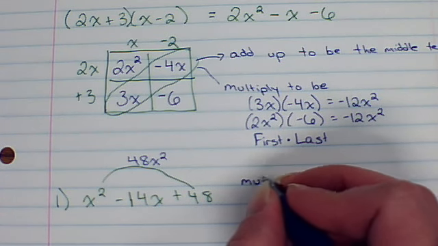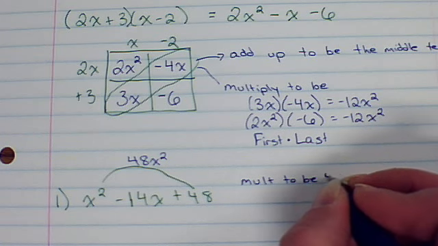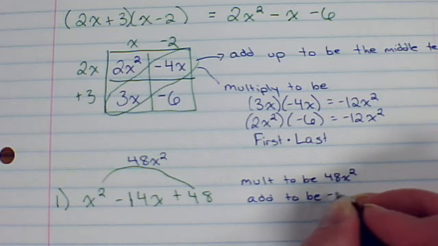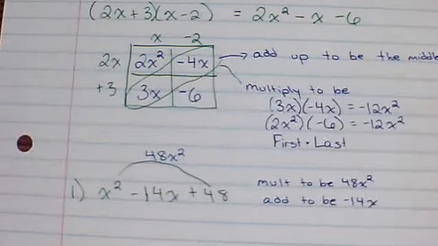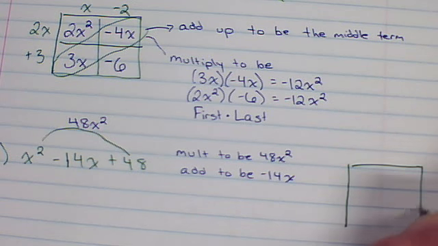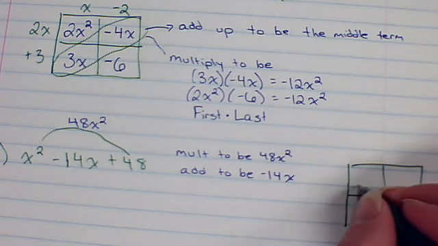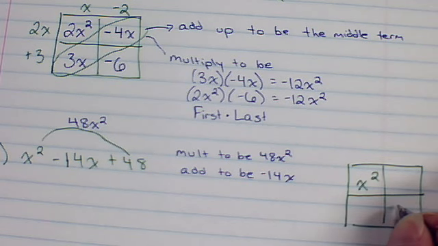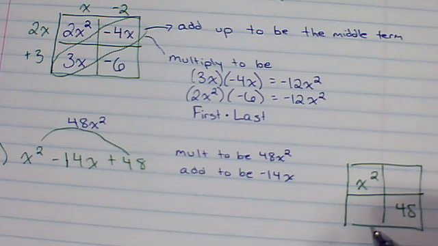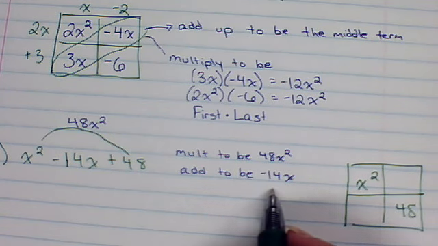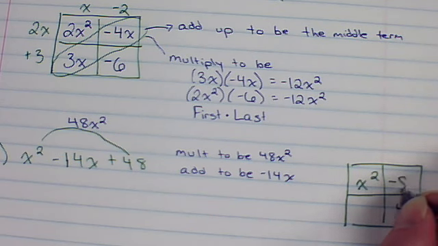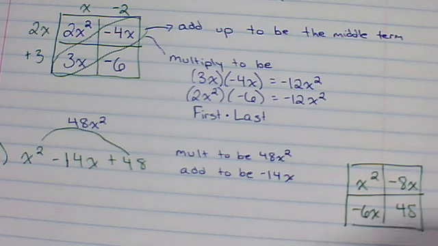So what two things would multiply to be 48x squared and add to be negative 14x? I'm not going to write that down every single time, but I want us to get an idea of what we're doing. If I go to the box, I know the first term goes there, and the last term always ended up being here. These two diagonals are things that multiply to be 48x squared and add to be negative 14x. Well, that's negative 8x and negative 6x.